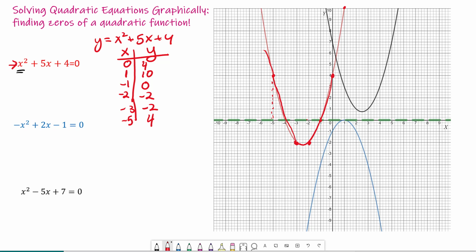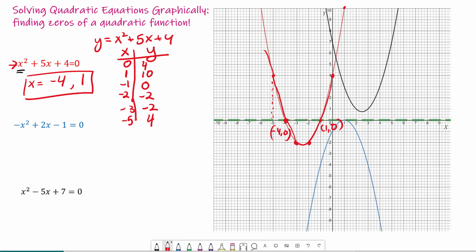But as you see, now by drawing through this curve, I also got my second solution, which is at x equals -4. So we have -4 and 0 as one point, and the other is 1 and 0 here. So our solutions are x equals -4 and +1. So those are our solutions just from graphing this function.